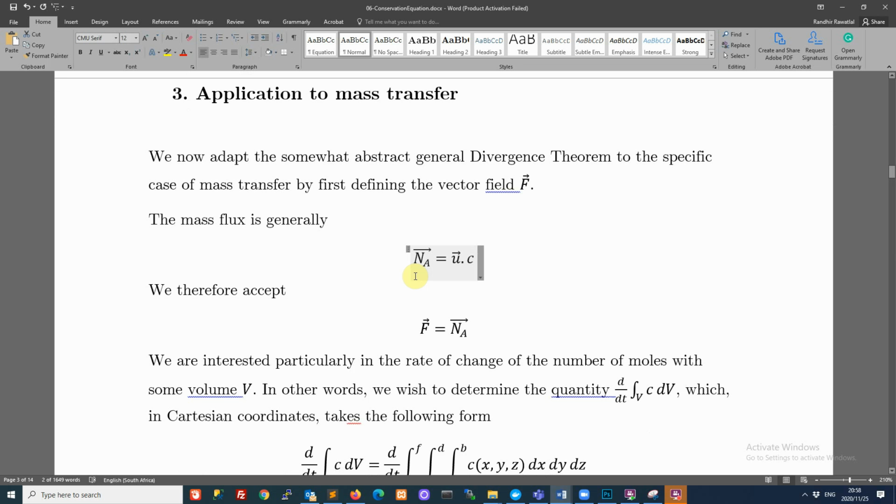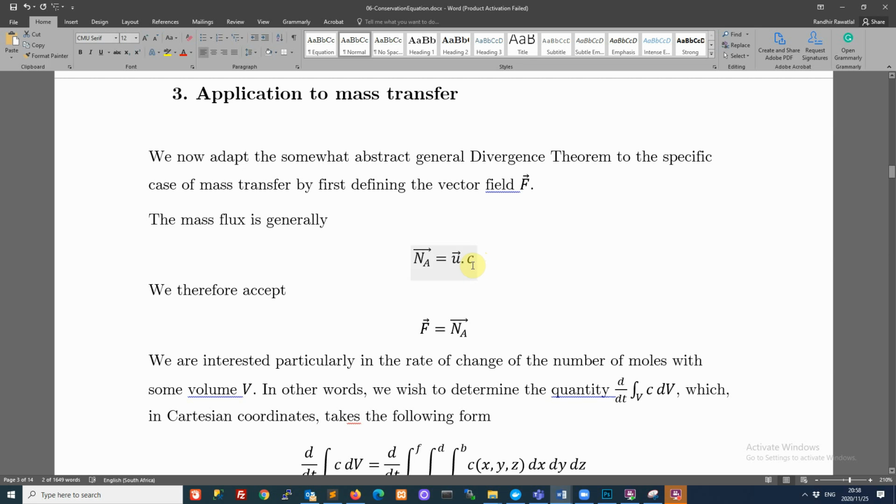So if we consider the mass flux as a convection flux, your flux is velocity multiplied by concentration. Of course we know velocity is a vector and concentration is a scalar. It's not directional. Yes, it varies across space, but the concentration is not exerting itself in any specific direction.